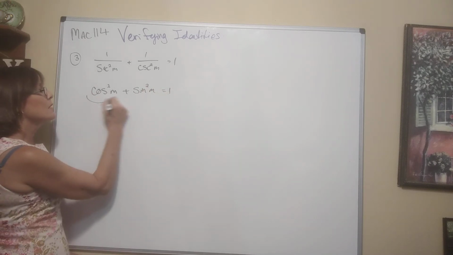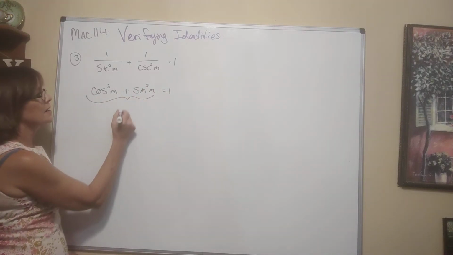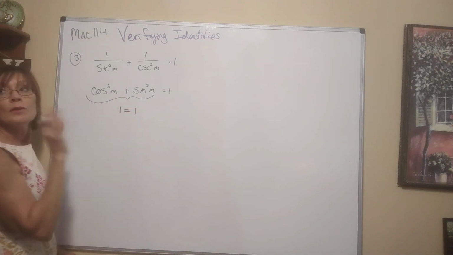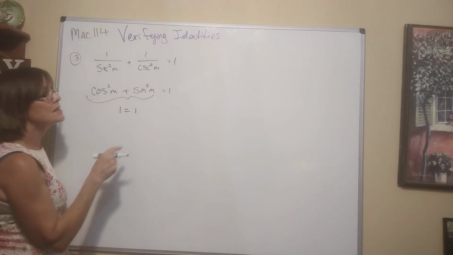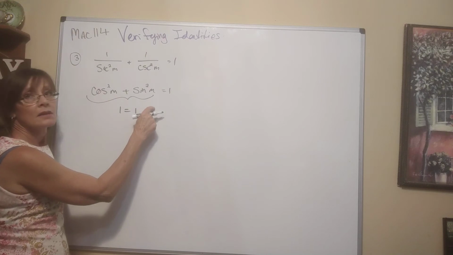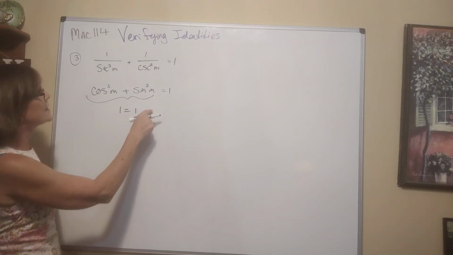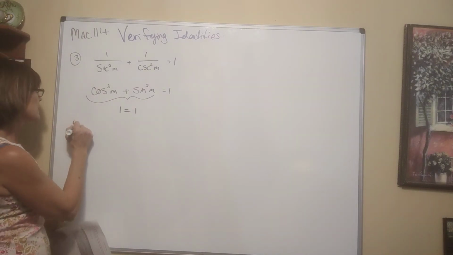Oh, you know what? I saw this somewhere called the Pythagorean identity. 1 is equal to 1. So if I was making you write down the reasons, the reason for this one would be the Pythagorean identity. All right, that's 3.